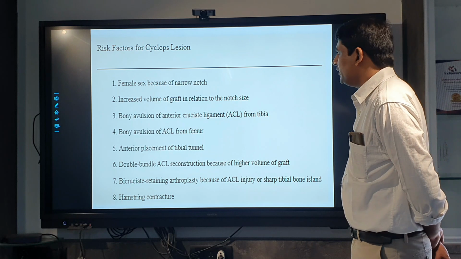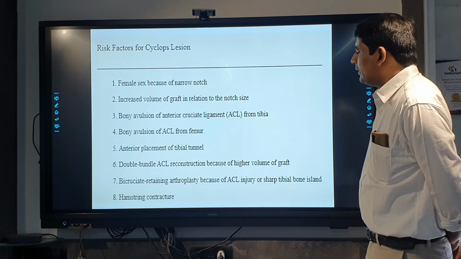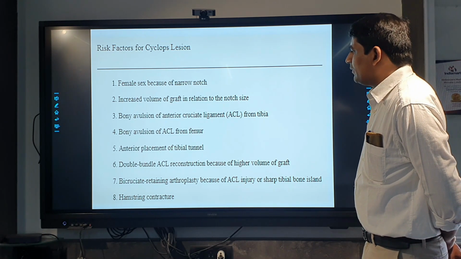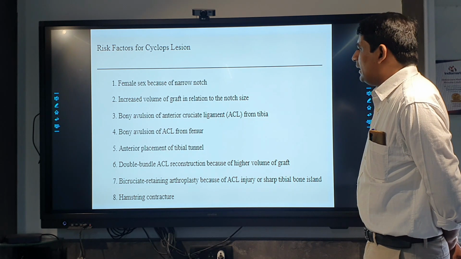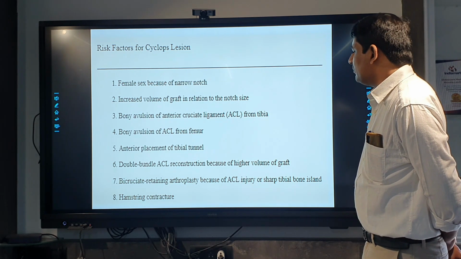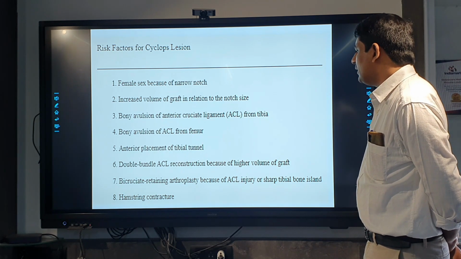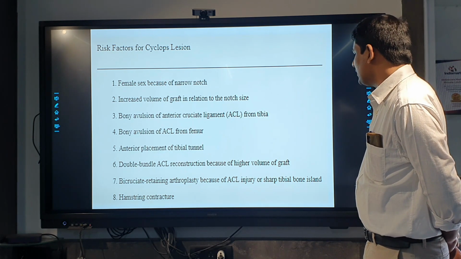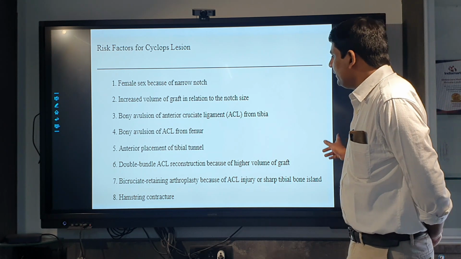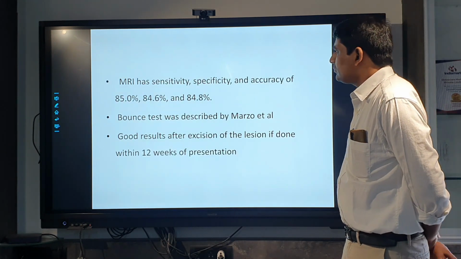That's also a complication of the cyclops lesion. Other risk factors are anterior placement of the tibial tunnel, double bundle ACL reconstruction because of the higher volume of the graft, and hamstring contracture.